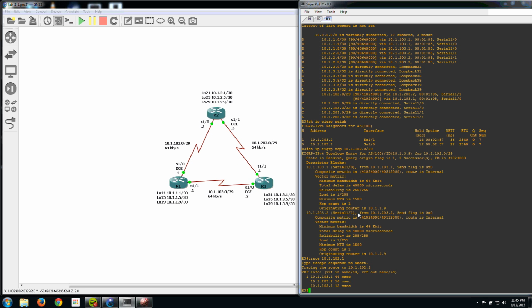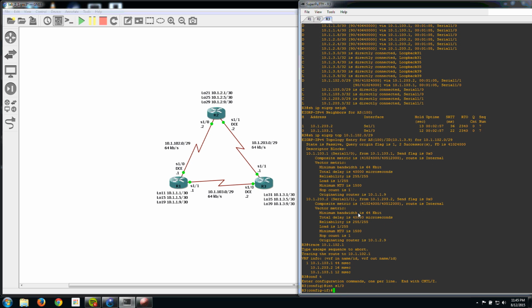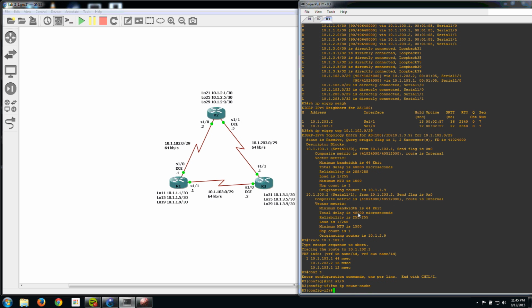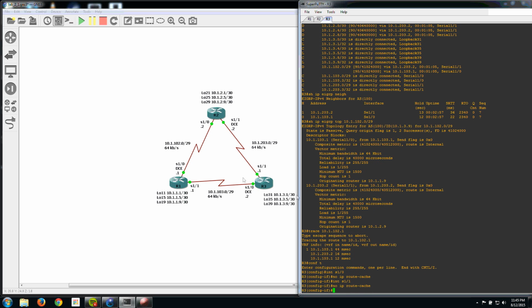To do that, we'll do a no IP route cache, so we're disabling IP route cache for both of our links coming out of router 3.